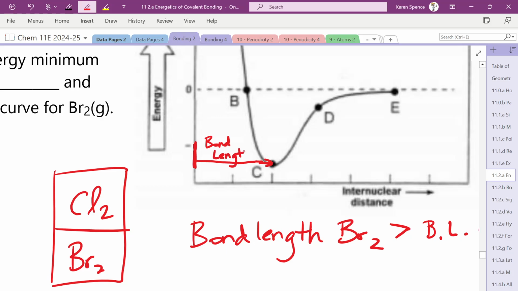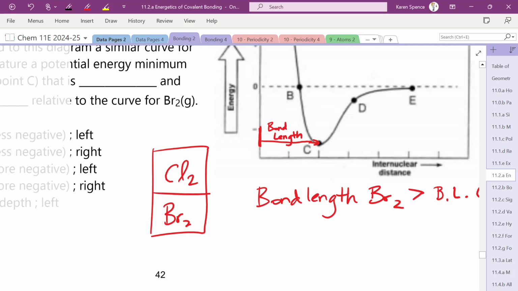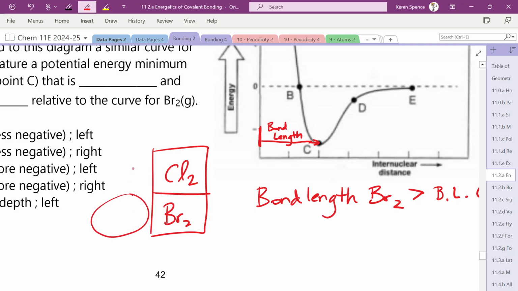length. And because Br is a larger atom than Cl, why is Br bigger than Cl? It has more occupied shells, okay?